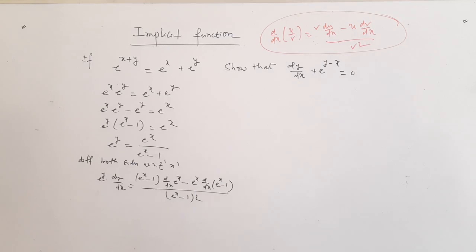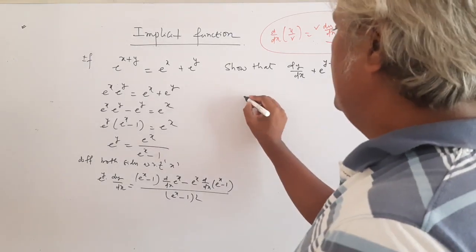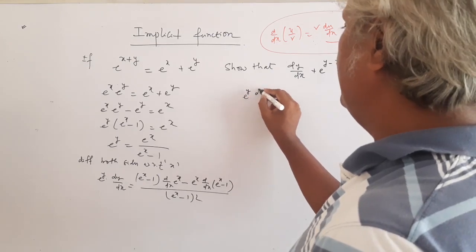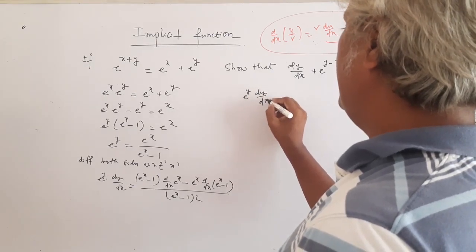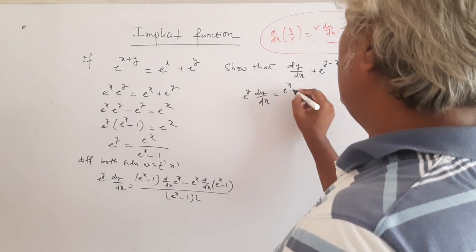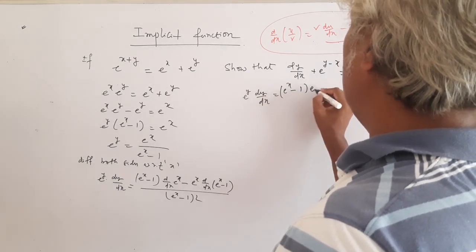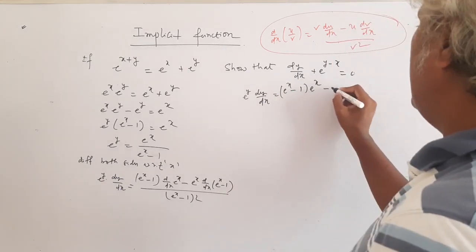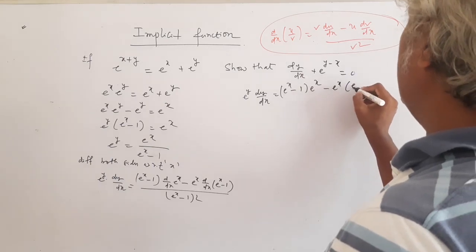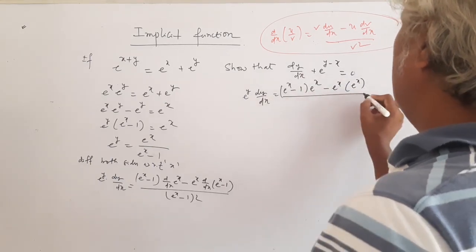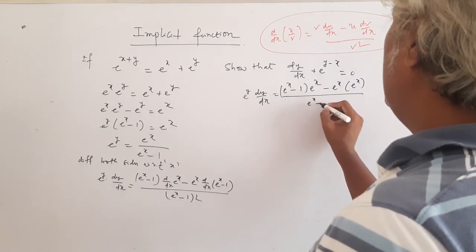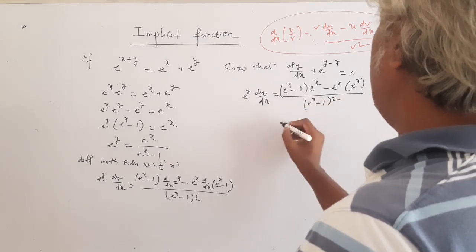Now differentiation of e^x is e^x, so this will become e^y dy by dx is (e^x minus 1) into e^x minus e^x and e^x, upon (e^x minus 1) whole square.